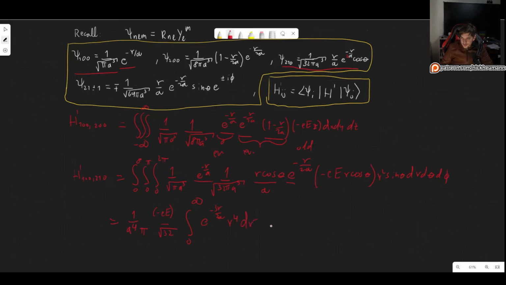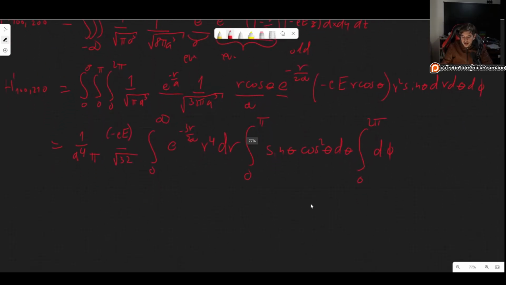Yes, dr. Then we have the integral from 0 to pi, and now we have everything with theta. So we have sine of theta, cosine squared of theta d theta, and then we have the integral of phi, but there is no dependence on phi, so that one is easy. Okay, amazing. So now we have to solve each one of those.